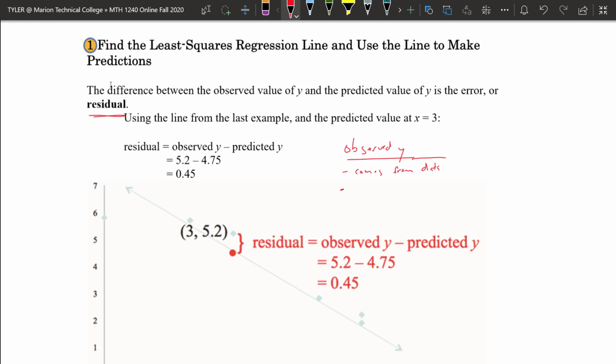And then we use just y to denote the observed y, where the predicted y comes from the model.